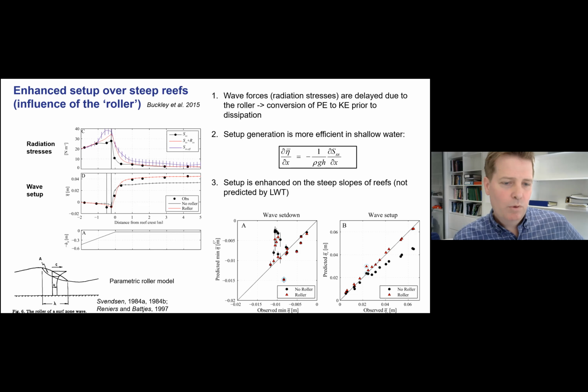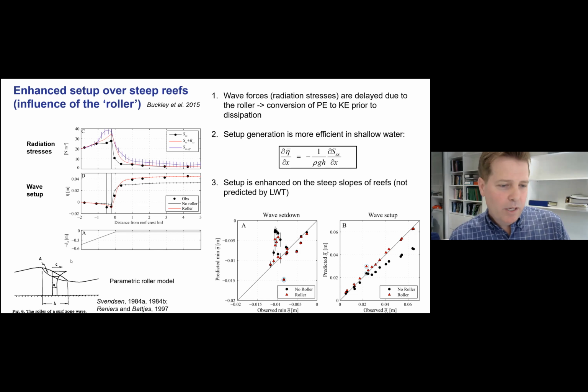What we've found through this work is that it really gets into the details of how wave forces are generated in the surf zone, where radiation stresses, and I'll talk more about this later, have a part that's related to the potential energy, related to the water level variance, and a kinetic energy, which is like your turbulent velocities and so on.